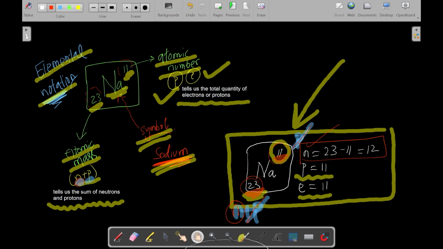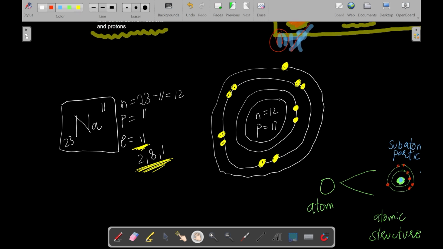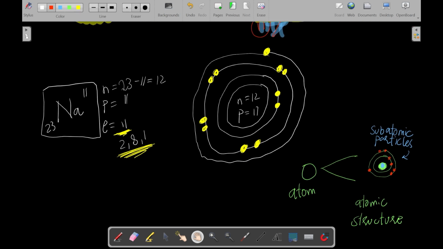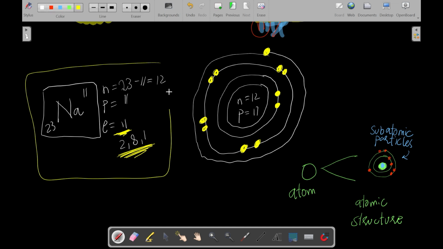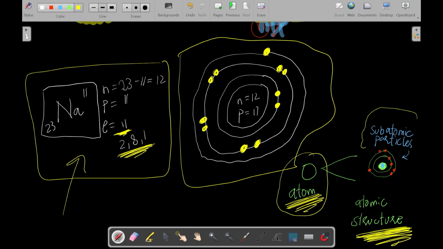Right, now let's recap a little bit more with the atomic structure. As we know, we are solving everything for the subatomic particles. Now, our second step is the atomic structure. We all know, as we have discussed in our classes before, that an atom has tiny subatomic particles which are classified in an atom just like this.